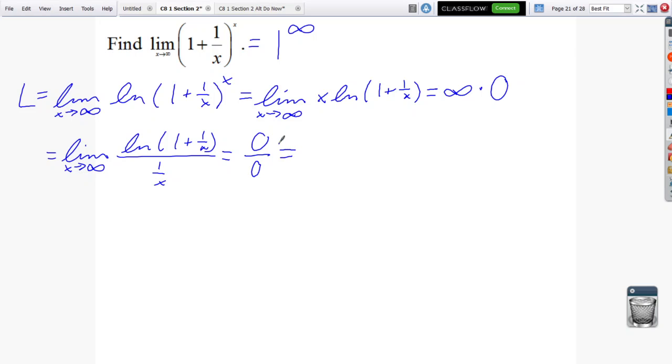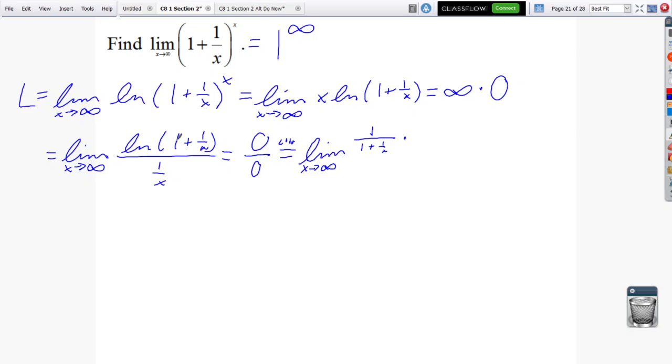So in my fractional indeterminate form, that's where I use the actual L'Hopital's rule. In case you didn't put this together, basically every other type of form is just tricking it to get into that fractional form. So now I'm going to have the limit as x approaches infinity of the derivative of ln, which is 1 over the stuff times the derivative of the stuff.